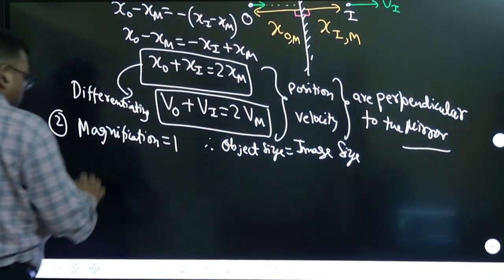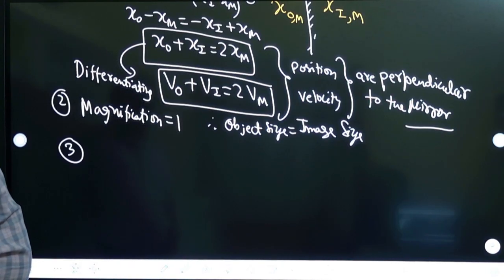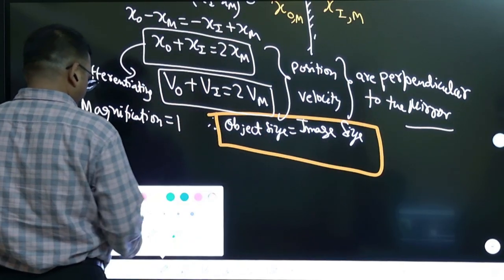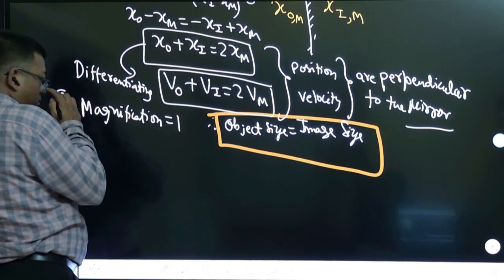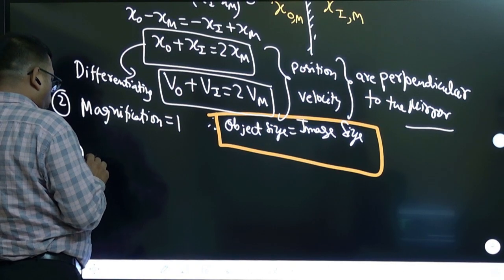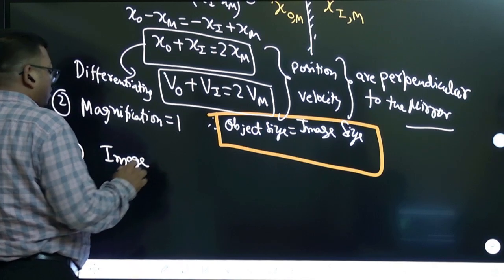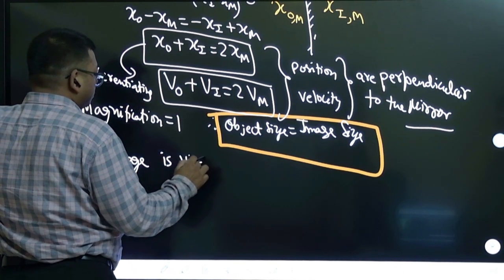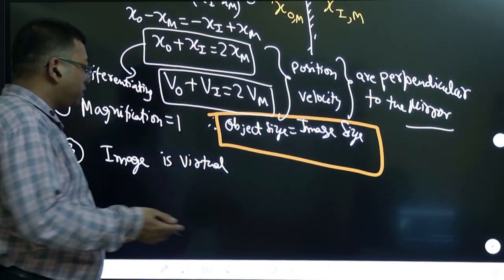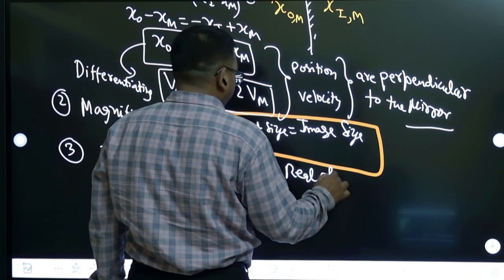Then third, the image is virtual. We are taking a real object, and the image is virtual for a real object.